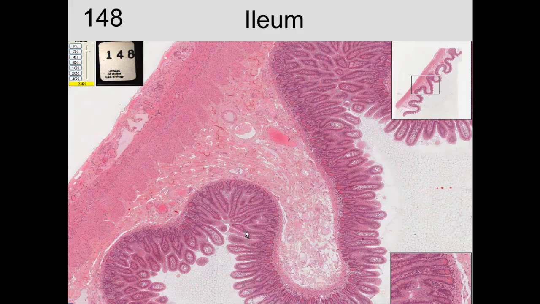This is one of our slides, 148, which is a human ileum, and you can see the connective tissue band in through there, as well as the intestinal absorptive cells lining the lumen. So the intestinal absorptive cells, this epithelium, line viscera and line cavity, so they line this gut.